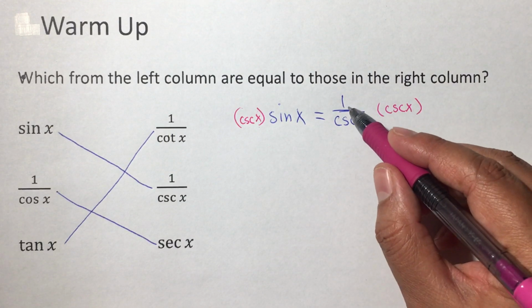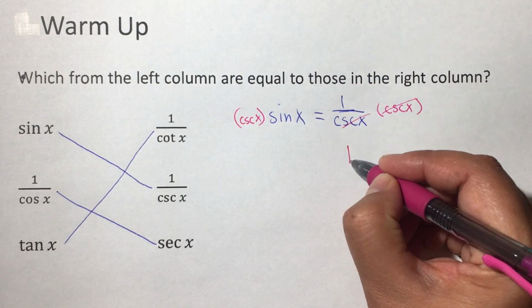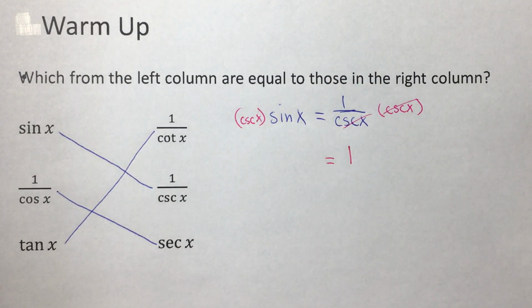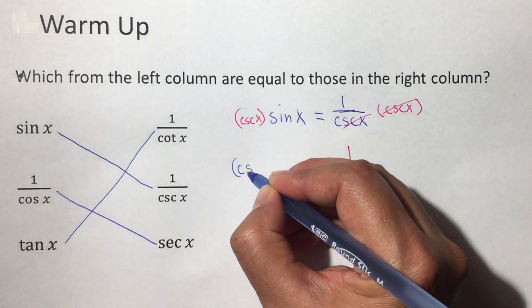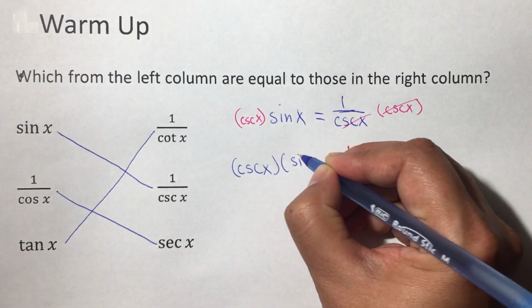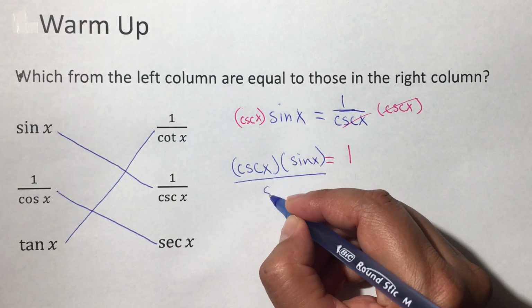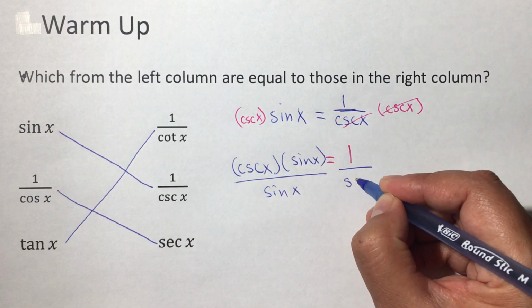So if you're dividing, you multiply, this cancels and you get a 1 in here, equals the multiplication of what you just canceled, which is cosecant of x times sine of x. We divide by sine of x on both sides.